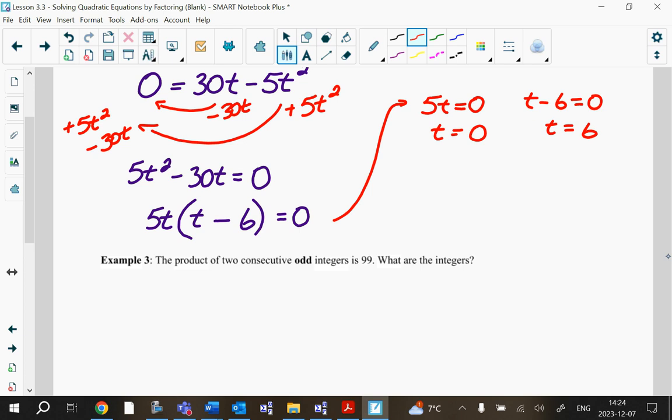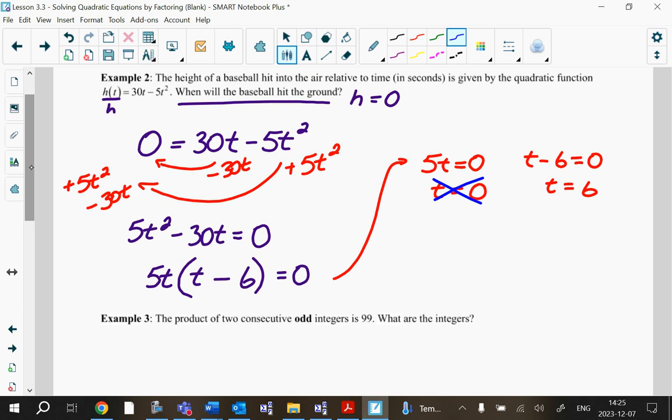Because remember, we're in the context of a problem. Does it make sense that the ball's going to hit the ground after 0 seconds? Like you hit a ball into the air and it hits the ground after 0 seconds? That doesn't make any sense. Okay? So we reject this one. It doesn't make sense in this problem. The only one that makes sense is if the ball goes in, it's a baseball.